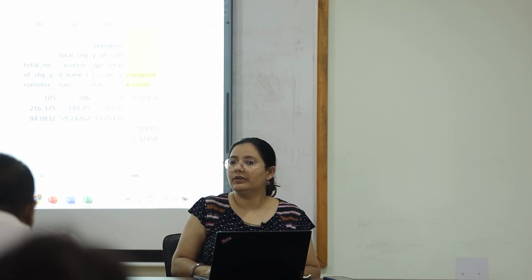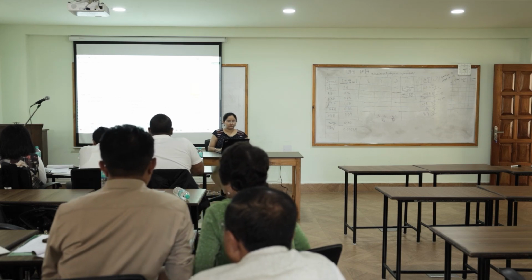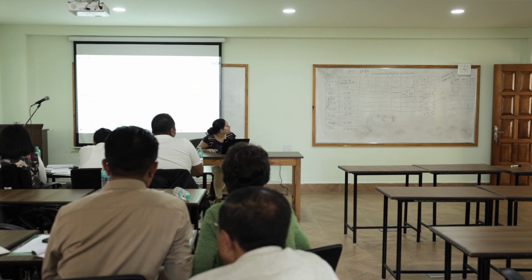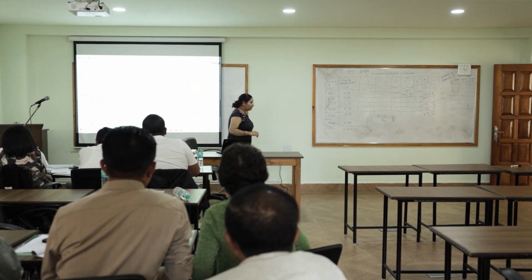Now divide this by bracket open, maximum minus minimum and bracket close. Have you guys understood the formula? Observation minus minimum divided by maximum minus minimum. Have you written it there?